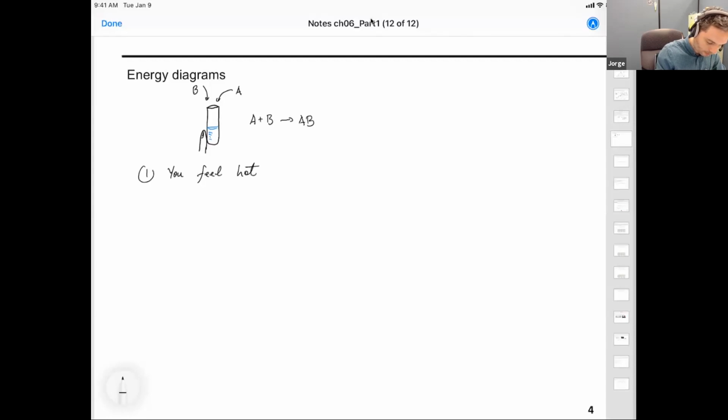So that's the first possibility here. You feel the test tube hot. If the test tube is hot, does that mean the reaction is producing energy or is it absorbing energy?